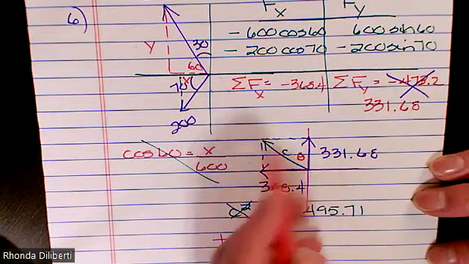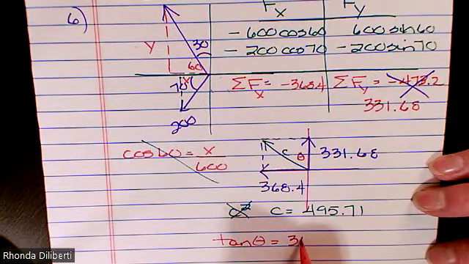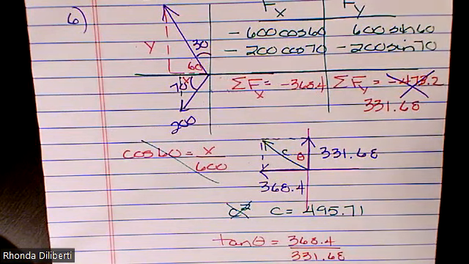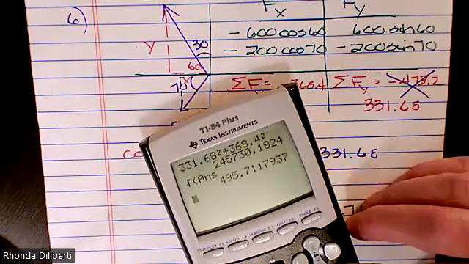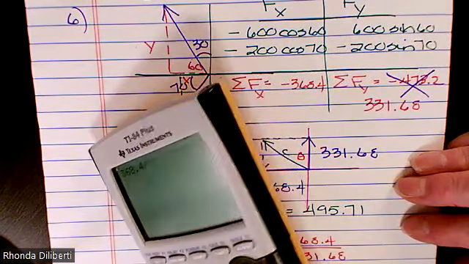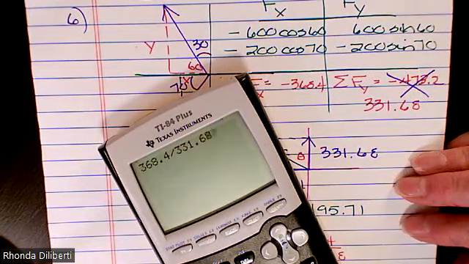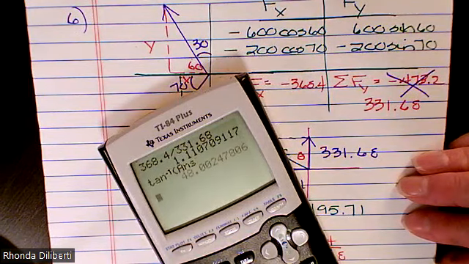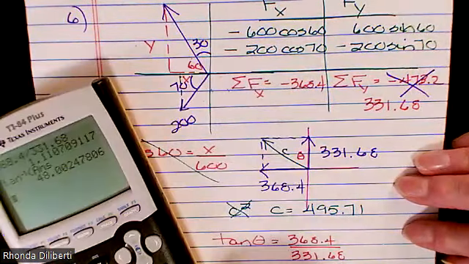That would be opposite, which is going to be 368.4 over the adjacent, which is 331.68. Then I'm going to have to do inverse tan. So I have 368.4 divided by 331.68. Second tan, second answer, and I get 48 degrees.